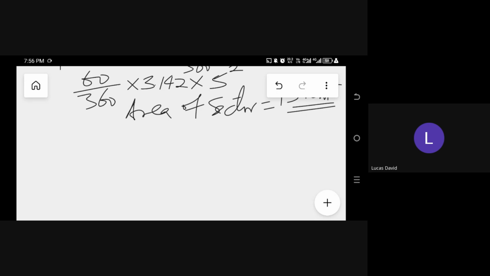That's if you are in JSS3 here in Nigeria. Then for those in the diaspora, in year 8 and 9, you were also taught that the area of a triangle is not always half base times height.